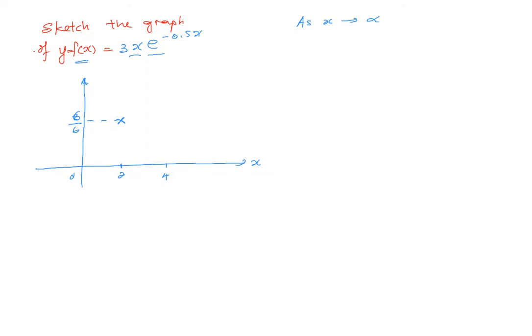e to the power negative 0.5x approaches negative infinity. Okay, why do you say approaches negative infinity, Chokan? Because the power 0.5 is negative. Yeah. Chokan, look here. e to the negative infinity. How should I convert?